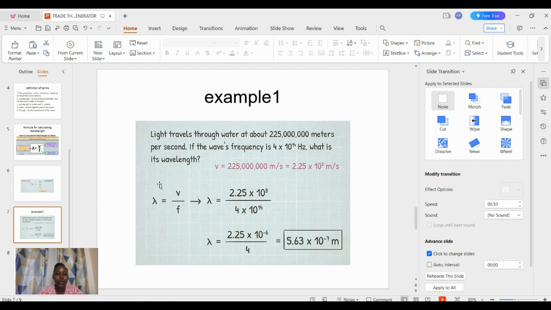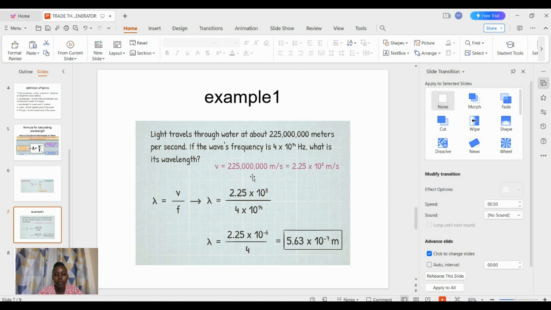Recalling our formula, wavelength is given by velocity divided by frequency. So what do we have from this question? We are already given the velocity, or the speed of the wave, which is 225 million meters per second.